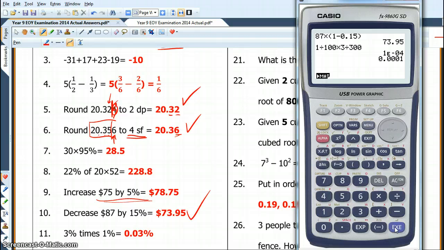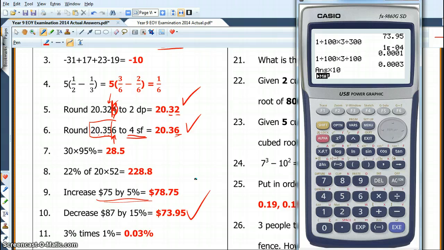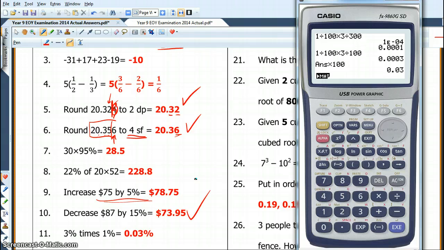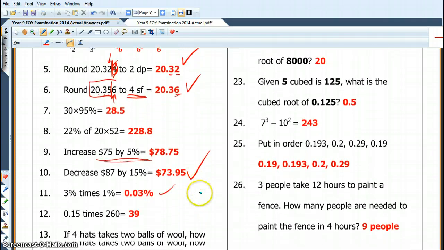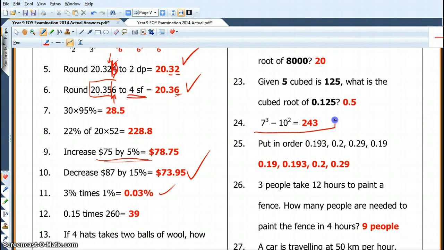Oh, I divided by 300 instead of, so 1 divided by 100 times 3 divided by 100, and I get my 0.003, which if I times by 100, I get 0.03%. Okay? Do people know how to do that on the calculator?